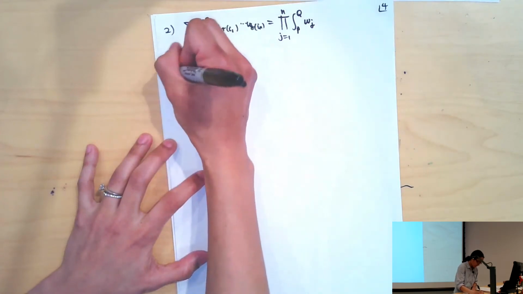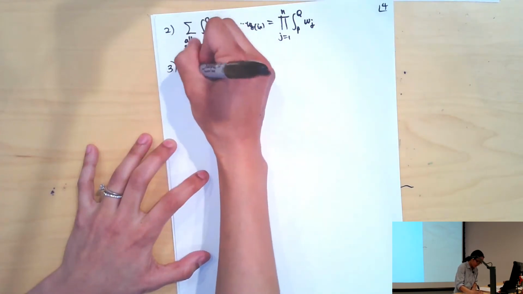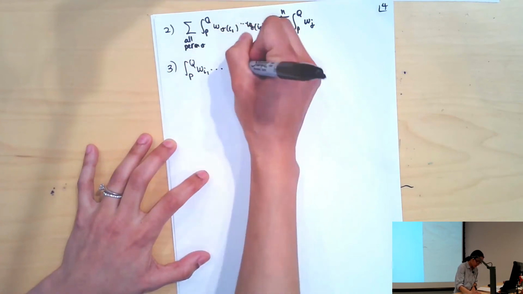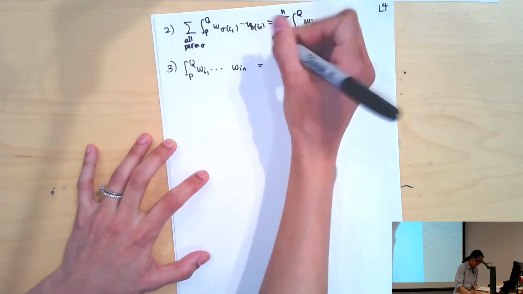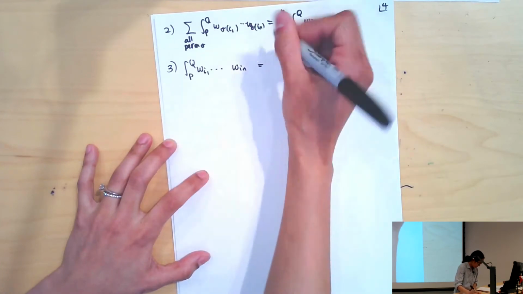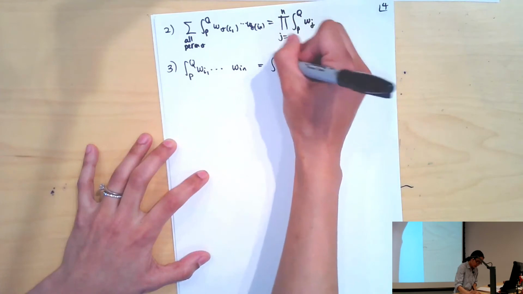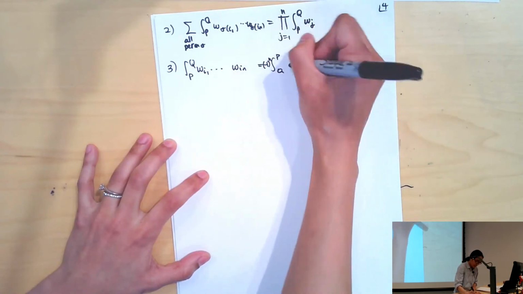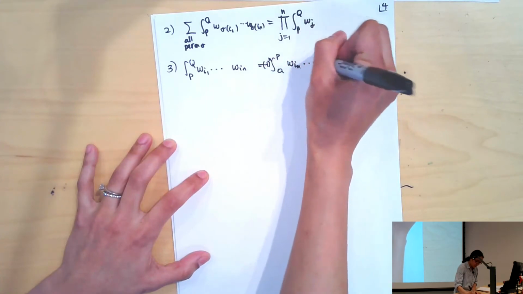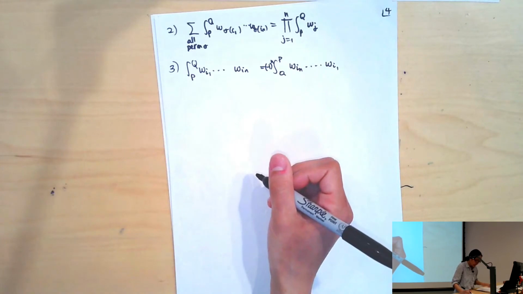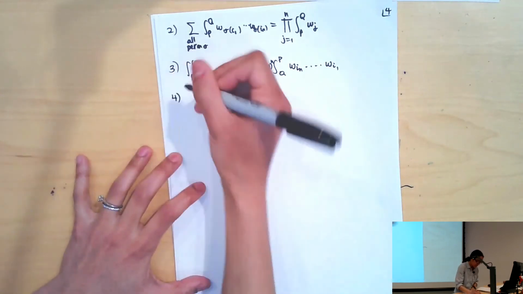And if I have an integral from P to Q, and I want to swap the endpoints, well, I also have to correct for that. So I have a -1 to the n here, and I have to reorder the integrand.